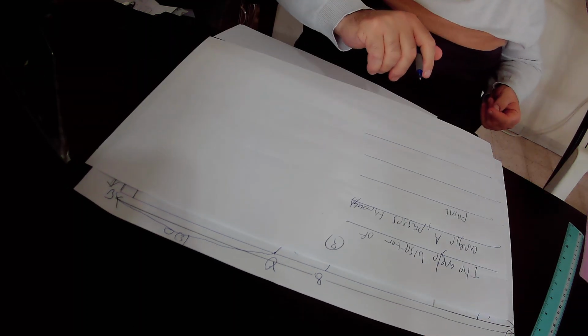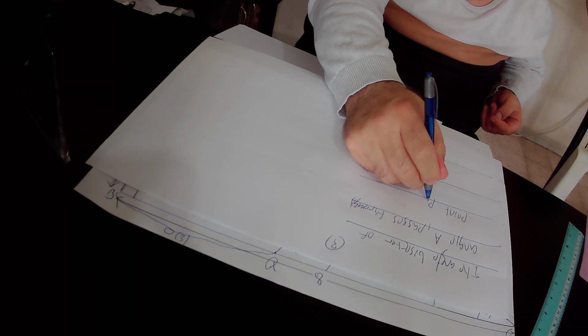Point P is the center of the small circle.